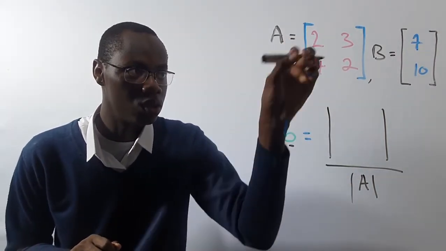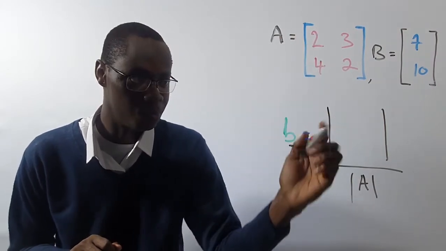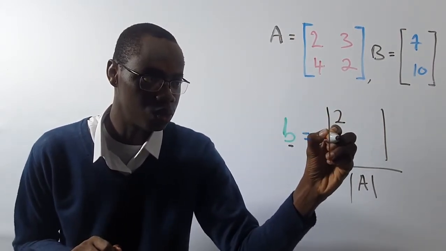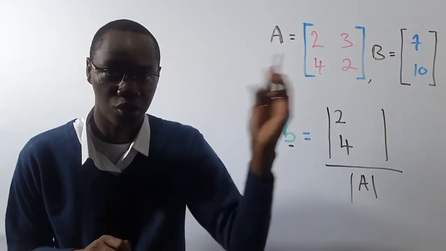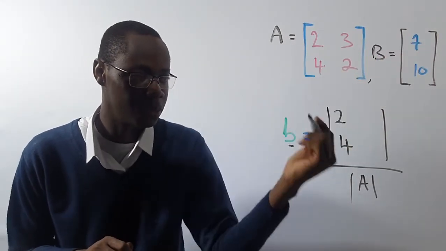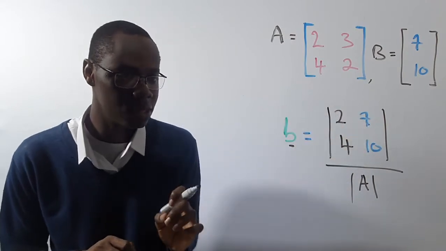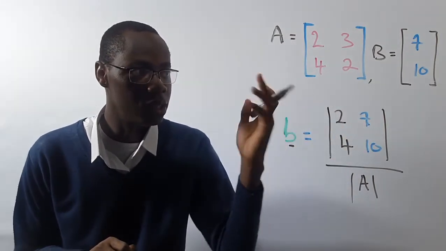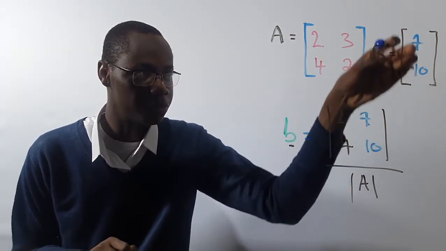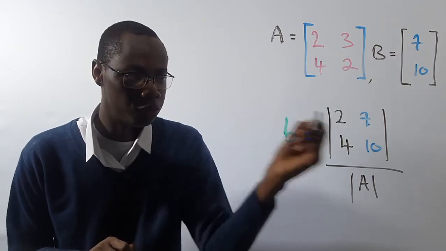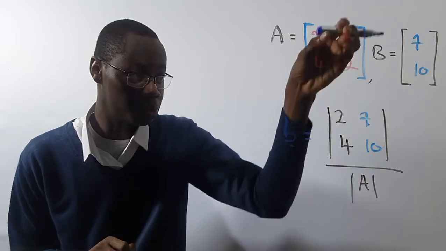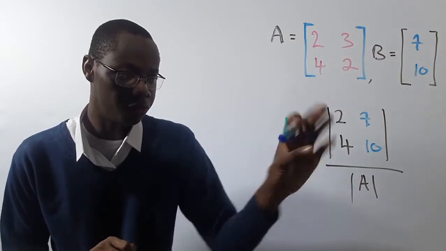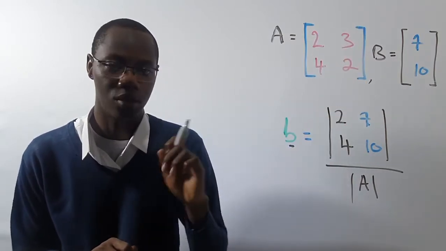Let this first column be the way it is, 2, 4, and the next column is not going to be 2, 3 again. Just replace it with B, like this. So for the first unknown we put B in the first column, but for this one we put the B column here. Then find the determinant, divide it, and you get your answer.